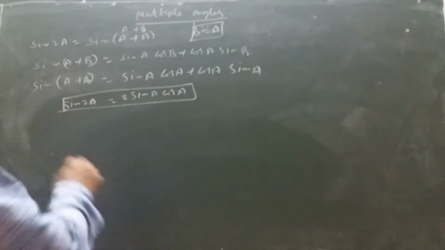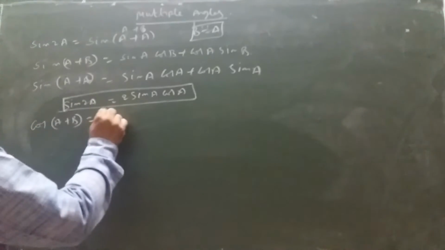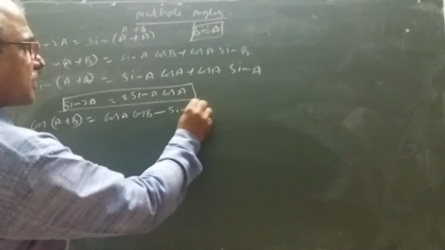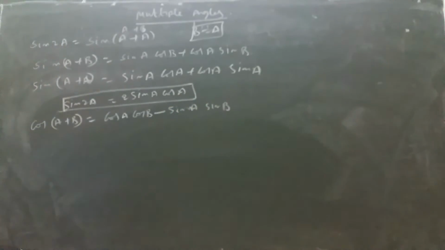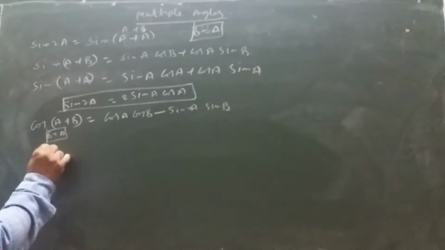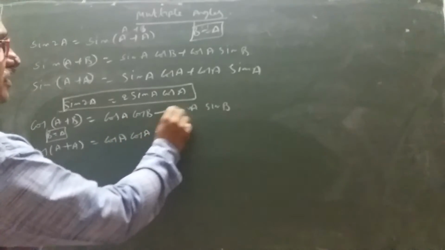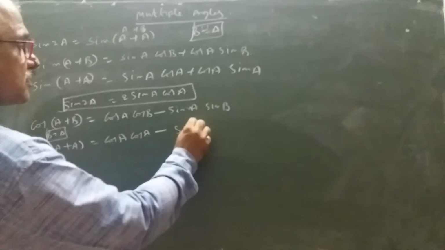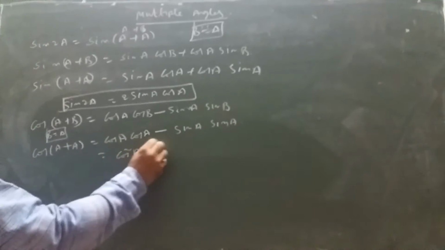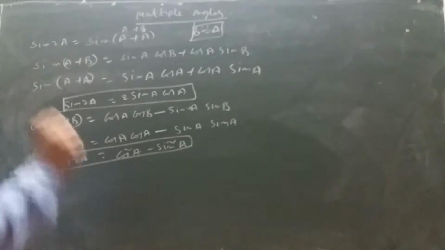Similarly, cos 2A. We know the formula cos A plus B is equal to cos A cos B minus sin A sin B. Taking B equal to A, cos of A plus A is equal to cos A cos A minus sin A sin A. That means cos square A minus sin square A. This is the formula for cos 2A.